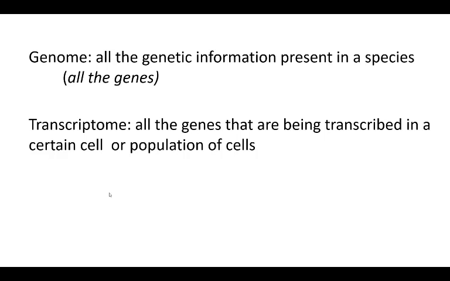There's another term that is commonly used these days. It's called transcriptome. A transcriptome is specific for a particular cell or population of cells, and it is simply all of the genes that are actively being transcribed in that certain population of cells.